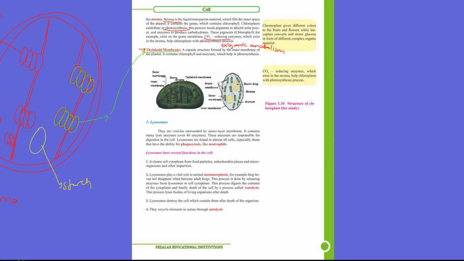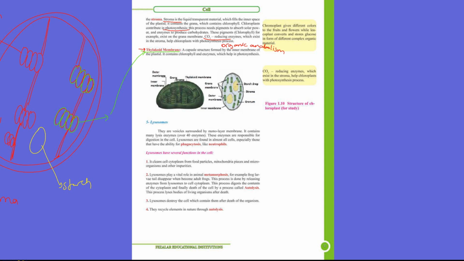Questions about chloroplast. A question can be asked to compare it with mitochondria. Both of them are covered by two membranes, but the inner membrane in mitochondria forms cristae, and in chloroplast it forms grana. Mitochondria are filled by a material we call matrix, but chloroplast is filled by a jelly-like fluid material we call stroma.